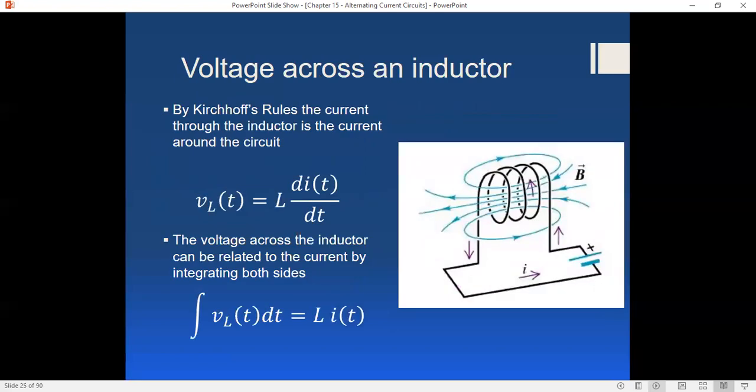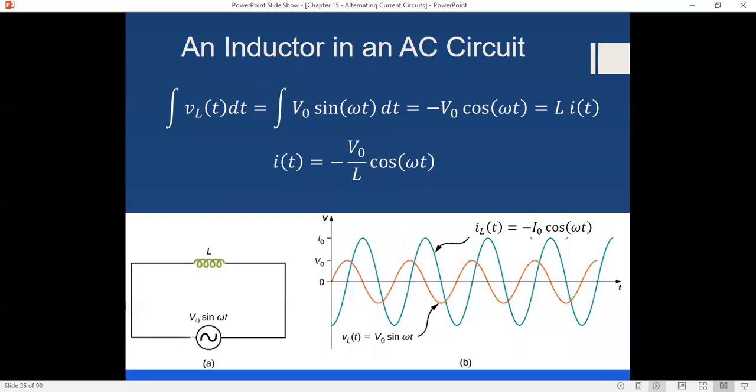So I'm going to take this expression right here and integrate both sides. I integrate the left side, and I integrate the right side, and I get this right here. Now remember, the voltage for an AC circuit is going to depend on your sine function, so think about that as we do this.